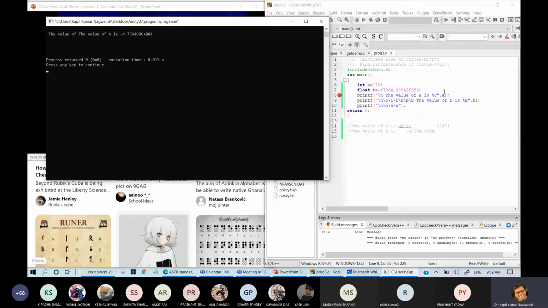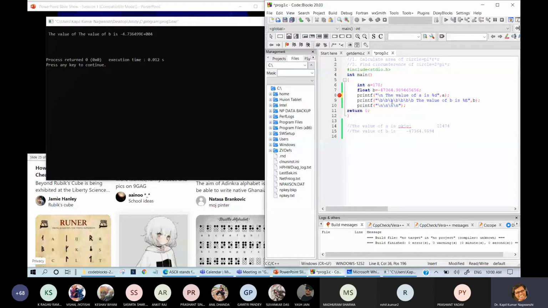It is backspacing the value. And how many backspaces are there? 1, 2, 3, 4, 5, 6, 7. Up to A it is taken by the system. So this is slash B.